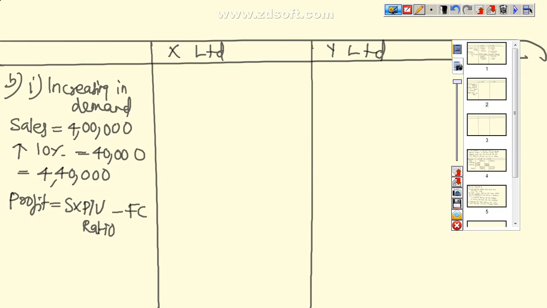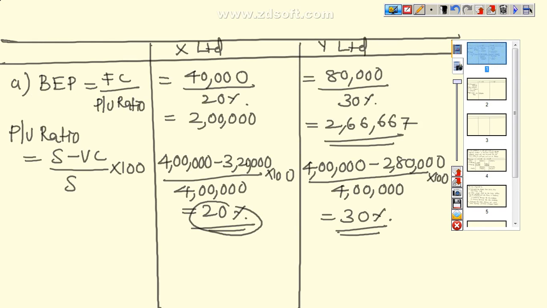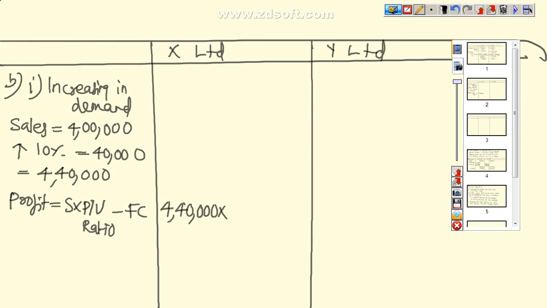So here sale is equal to 4,40,000 multiplied by PV ratio of this particular company, 20%, so we write 20 upon 100, minus fixed cost of this company, 40,000. That is equal to 48,000.